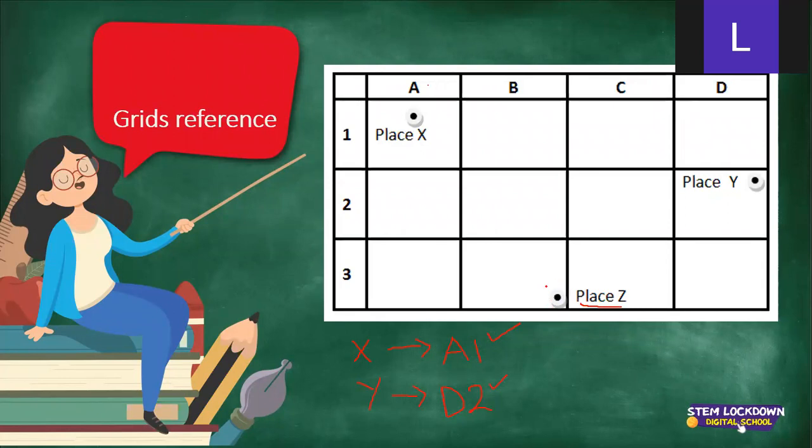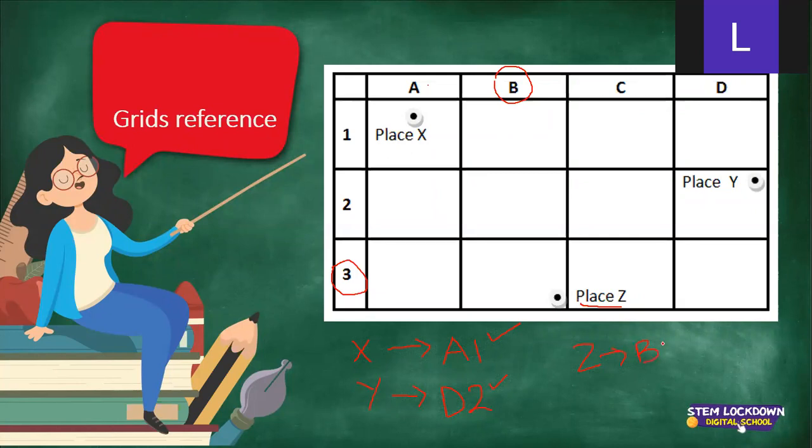Where is the dot located? The dot is in line with B. Obviously, then the number is 3. So place Z will be located at B3.